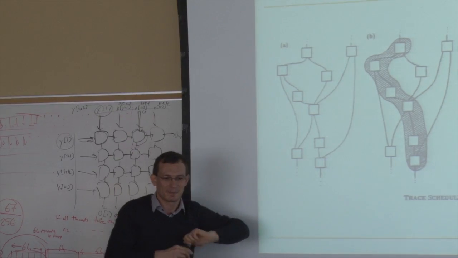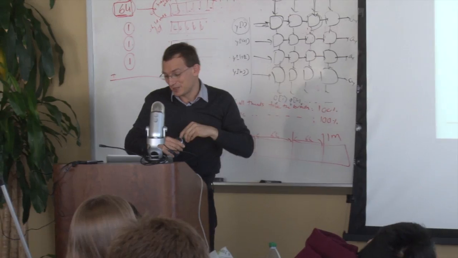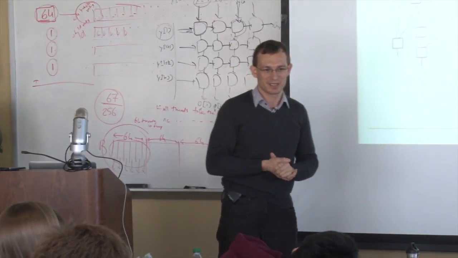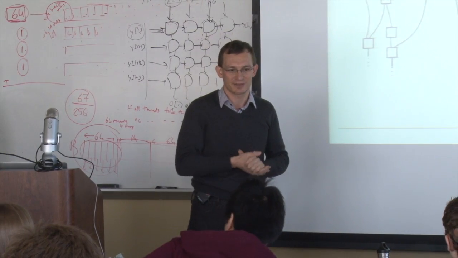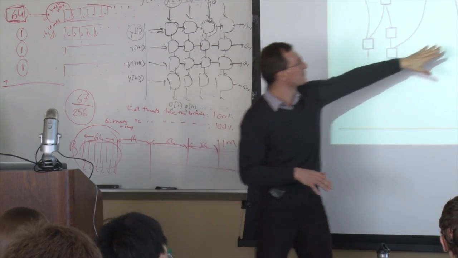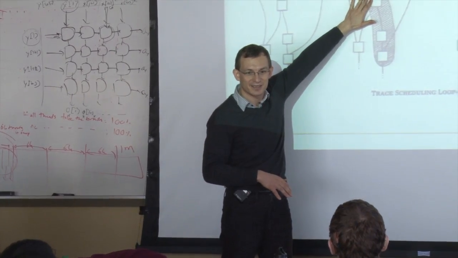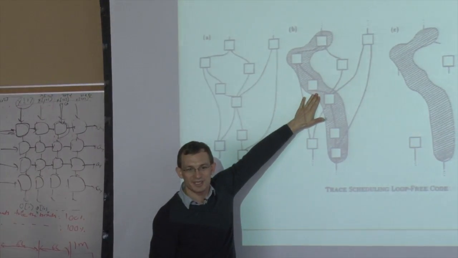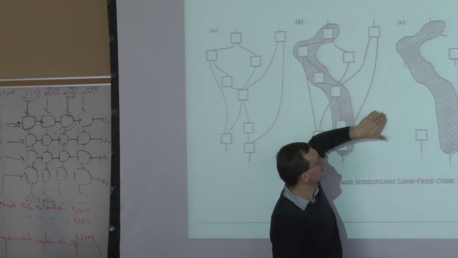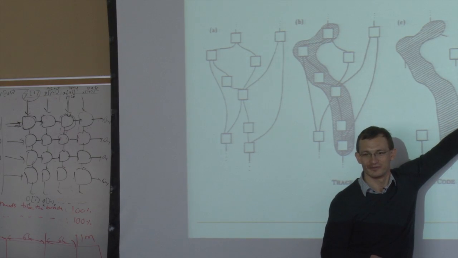And then how does it know what the inputs are going to be? Does it just use all possible inputs? Well, it uses the inputs that are available to the compiler. And that's the classic input representativeness problem that we've discussed, right? If your inputs are not representative, meaning if the path that you're going to follow dynamically is very different from what this is, then you're going to get bad code performance because you'll be taking these side exits, if you will, and you'll be executing this fix-up code much of the time.